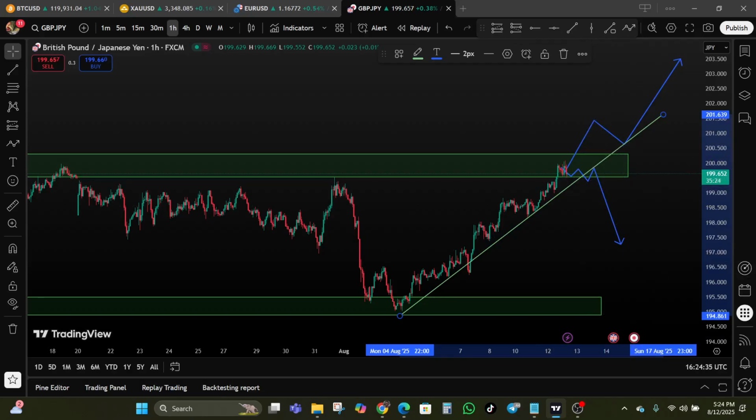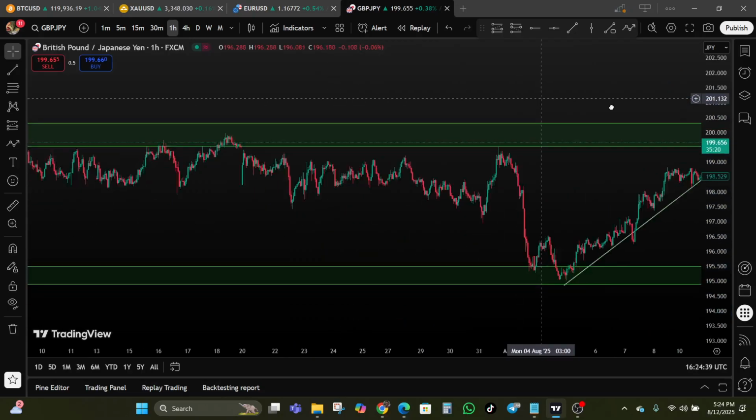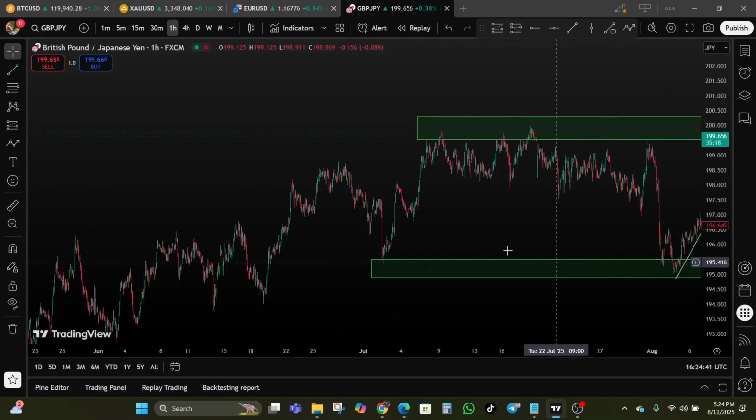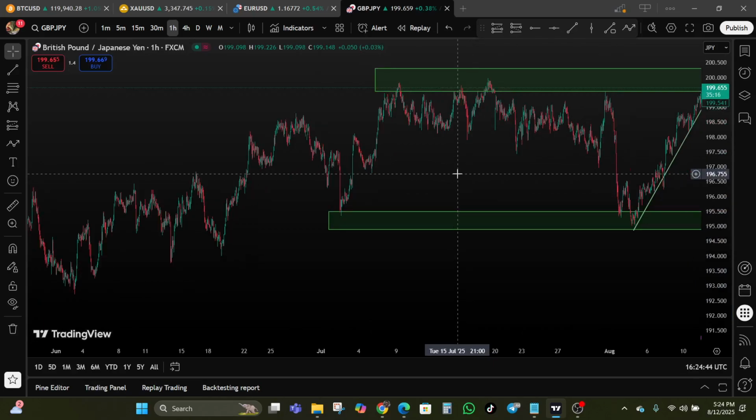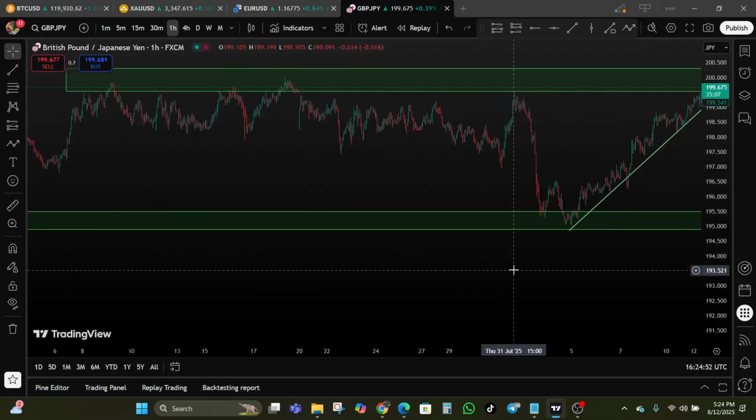Now, to draw a demand zone, you just have to mark the lowest wick in the base up to the highest body before the strong move up.